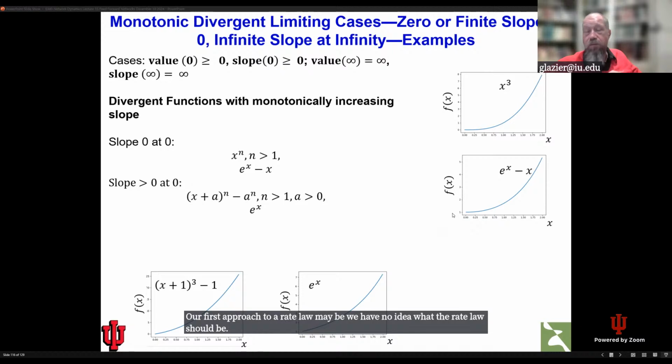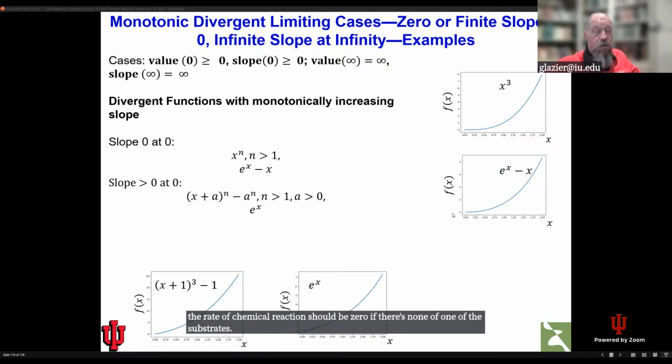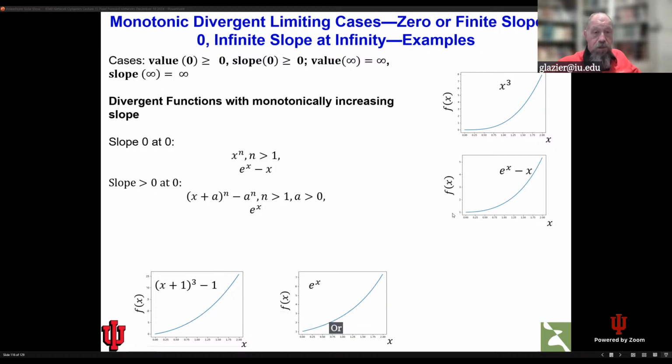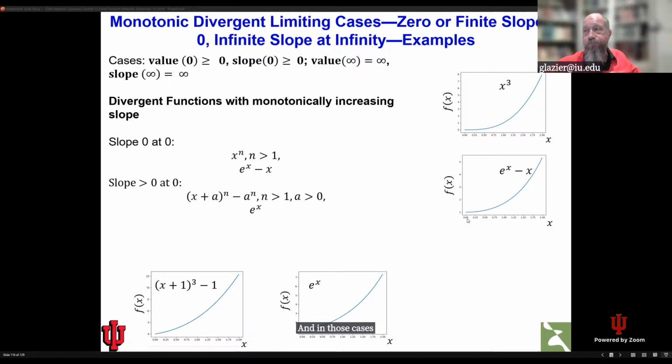On the other hand, we pretty often have a pretty good example, like the rate of a chemical reaction should be zero if there's none of one of the substrates. Or at very high concentrations, the rate should be finite, or maybe the rate diverges at infinity. And in those cases, we can come up with reasonable approximations, functional forms, without having to know the exact structure.